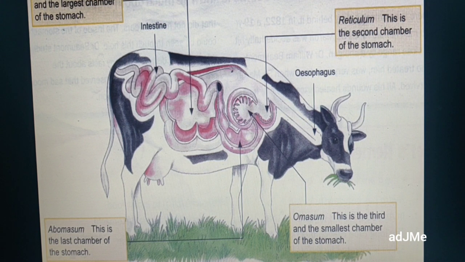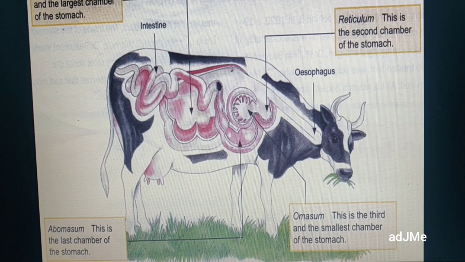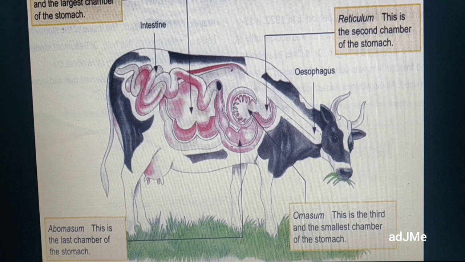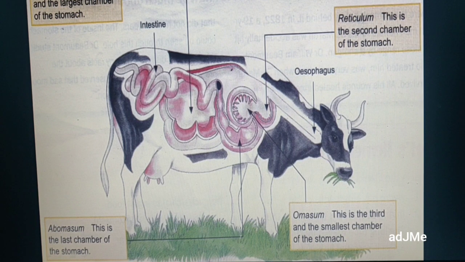Like that, they chew the food that was swallowed and partially digested by the bacteria, and after chewing, it slowly swallows it again, and that food enters the third chamber.